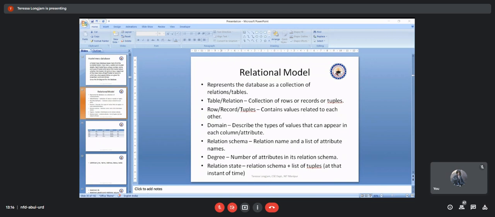The first commercially available RDBMS is Oracle. On this Oracle platform, we can create our databases, and they use the relational model to represent the databases. That is why it is known as RDBMS. Now we can actually create our databases, not just in theory, by using the RDBMS, isn't it?